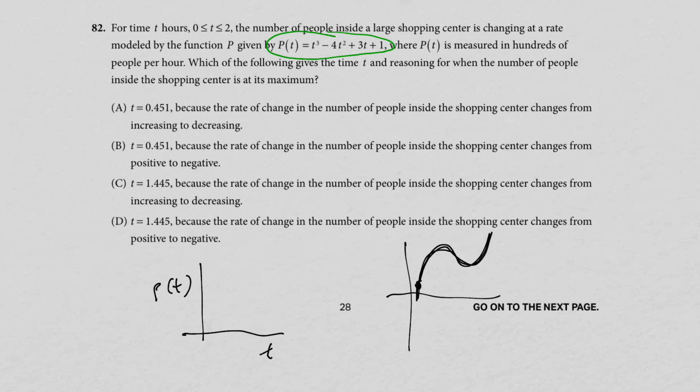It's the number of people is changing at a rate modeled by the function. So this is not people in time, it's the rate that people are coming in. So they're coming in a lot per hour, more per hour, more per hour, more per hour, less per hour.